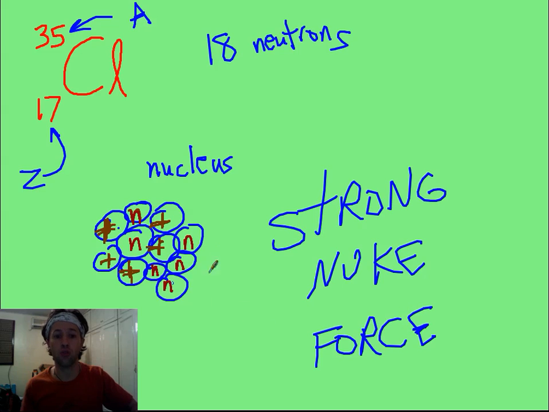This is like the glue that holds the nucleus together. It's only a short-range force, so if they get a little bit away from each other, it doesn't exist anymore. But within the nucleus, that's what holds it together. Otherwise, it would all blow apart. There's also a weak nuclear force that causes some radioactive decay, but we'll get to that later.